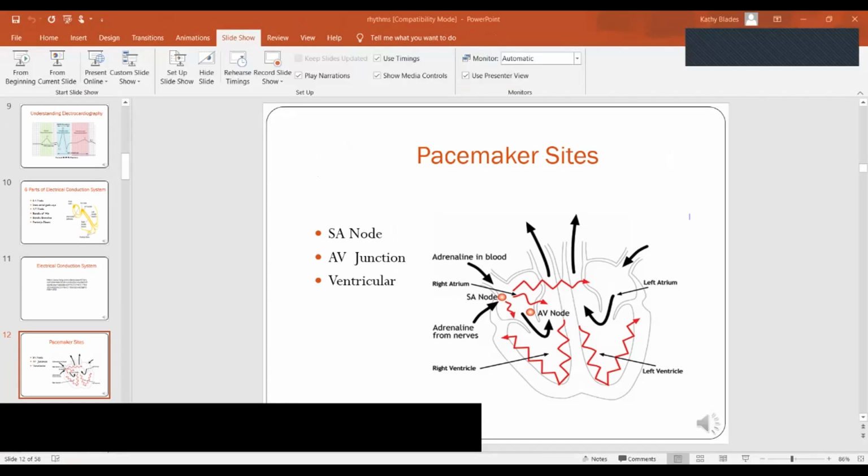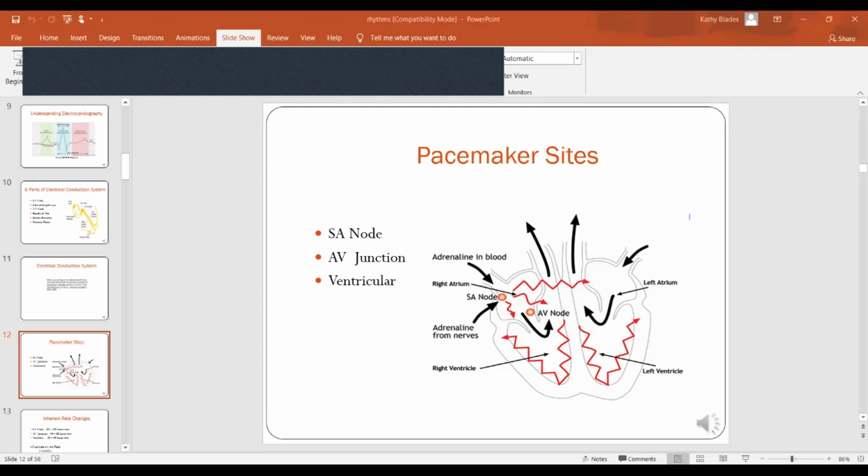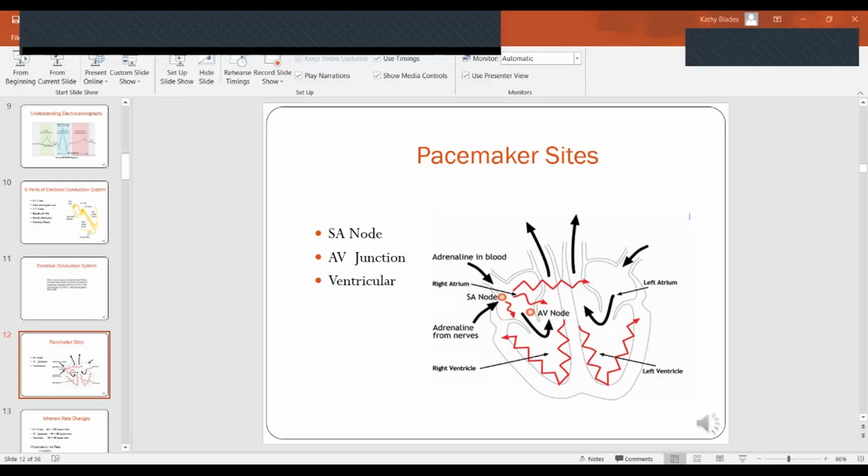Okay. So these are the pacemaker sites. So you already know that the SA node is the natural pacemaker of the heart. And then also the AV junction, as well as the ventricles, can actually initiate a cardiac electrical impulse.